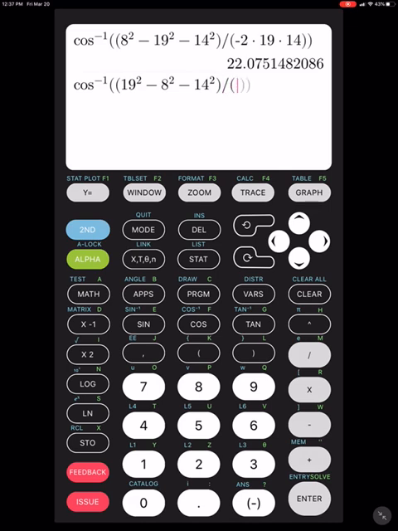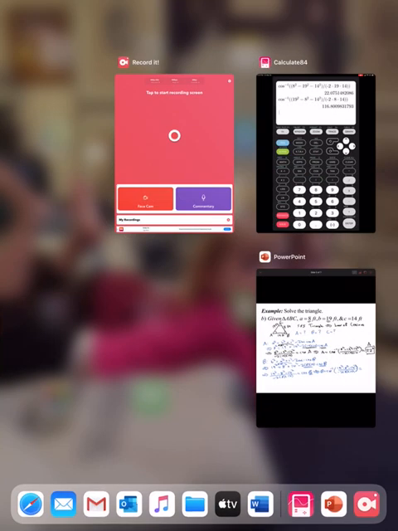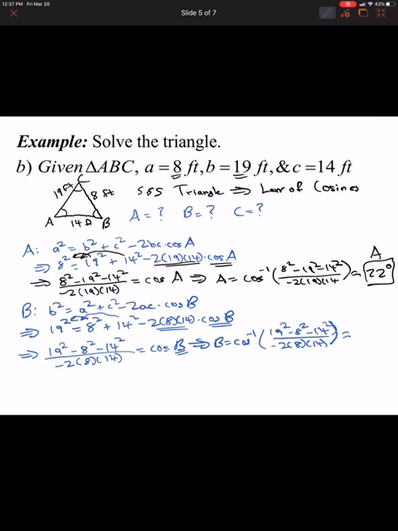Let's group it, parentheses, negative 2 times 8 times 14. Close it. Close out that parentheses. And I got 116.8, which is 117 degrees to the nearest whole number. So 117 degrees would be this angle, angle B. Now we've got two of the three angles.